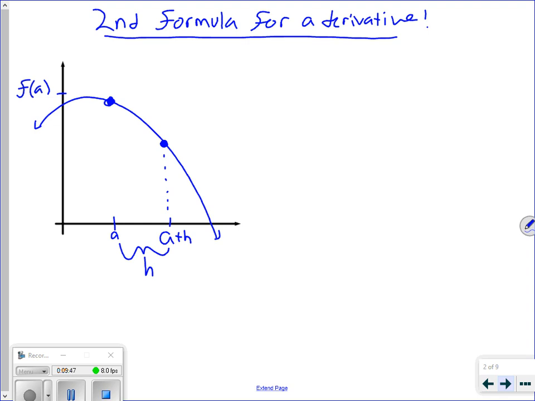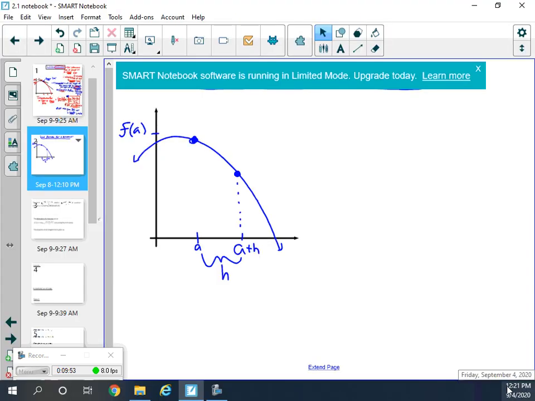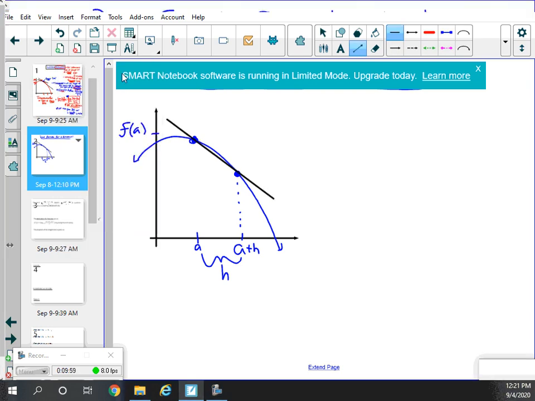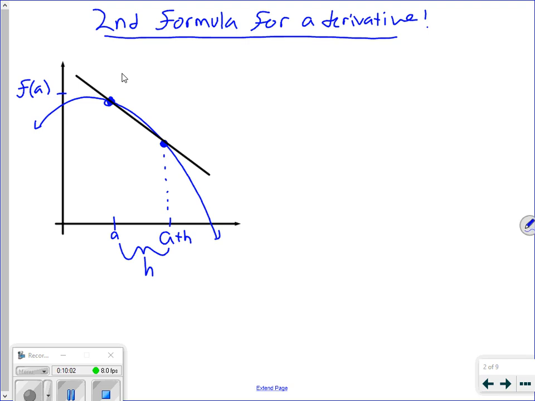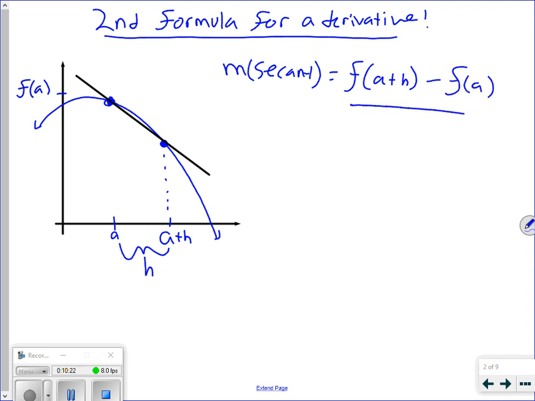So let's go back to what we were doing before. Let's say I was estimating that instantaneous rate of change by just finding the secant line between these two points, something that we learned in the first unit. What would that look like? The slope of the secant line is going to be equal to f of a plus h, the second point, minus f of a, so that's my y minus my y, over that first x value, a plus h, minus the second value, a.